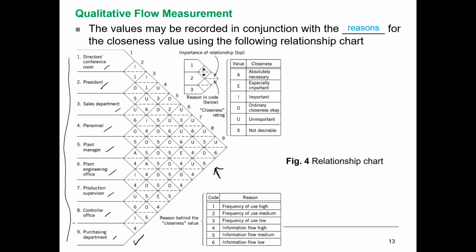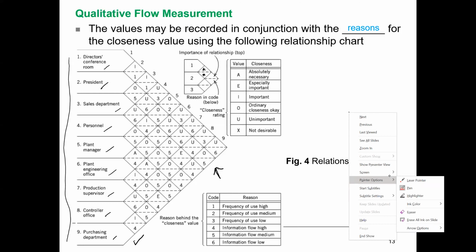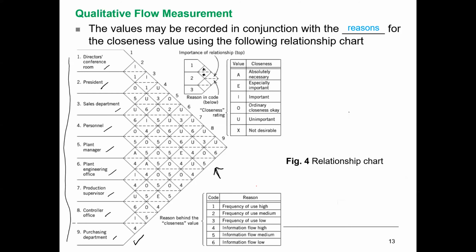The reason can be stated using a code, and there are 6 different codes that can be applied. So these are the codes, the reasons. Code 1 says frequency of use high, frequency of use medium for number 2, and so on.